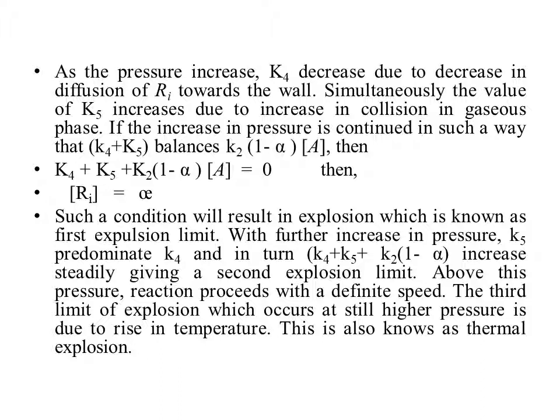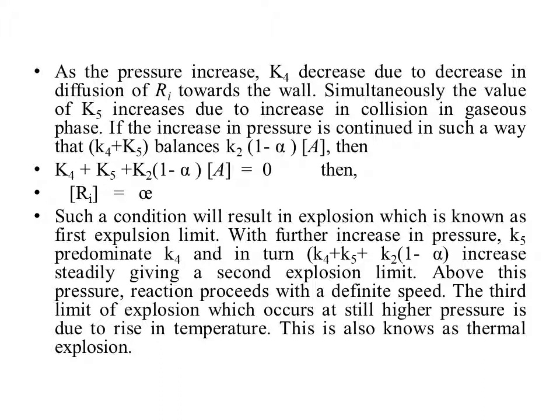With further increase in pressure, K5 predominates K4, and in turn K4 plus K5 plus K2 into 1 minus alpha into A increases steadily, giving a second explosion limit.